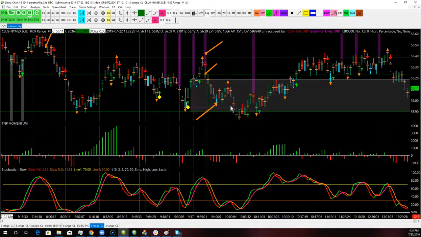Now, here's where I made my mistake. Even though we closed above the wave, guys, the point of control only closed one tick above the wave. That does not qualify in my rule book as a proper close above this fractal wave.